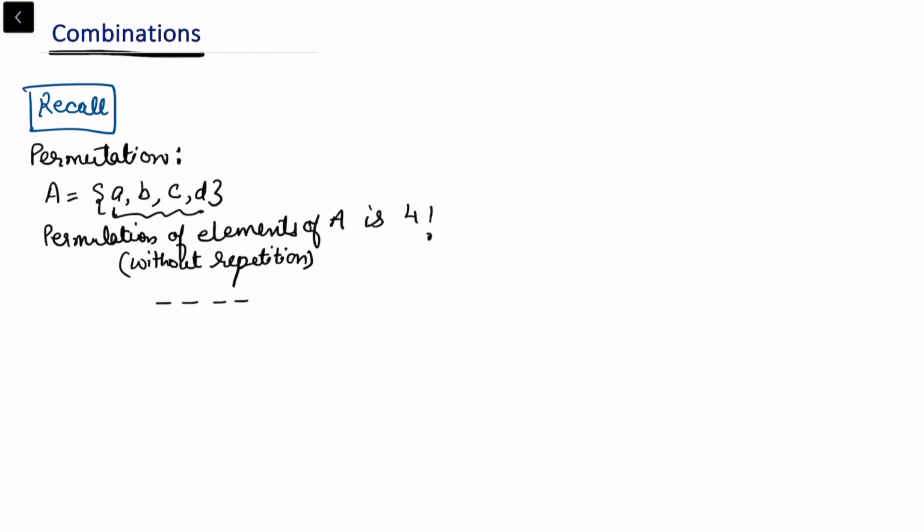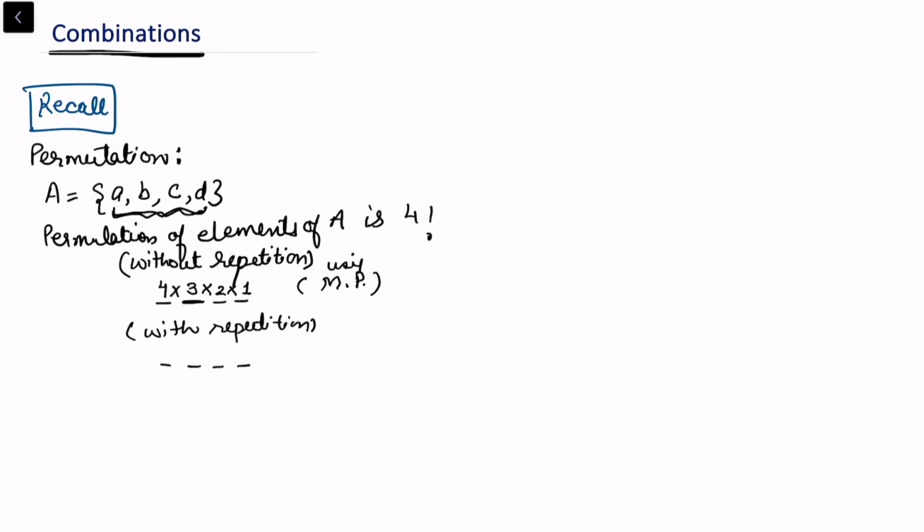To place one of the objects from the set A, there are 4 choices, then to place another object at the second place, there are 3 choices, then 2 and 1. We usually follow the multiplication principle for this. Similarly, if the question is with repetition, we follow the same procedure.